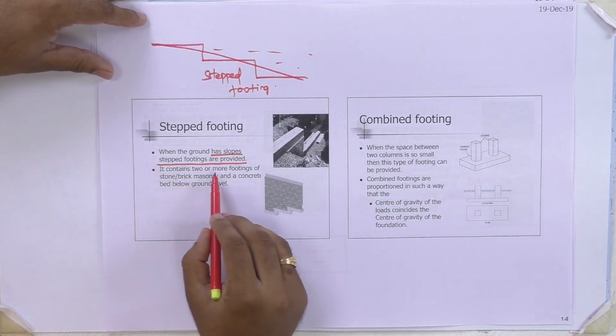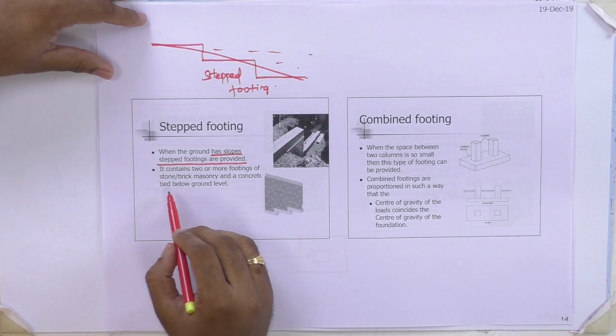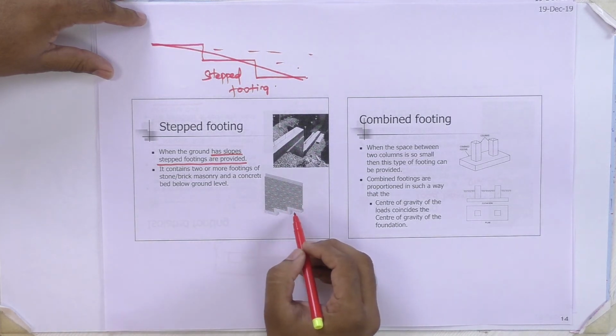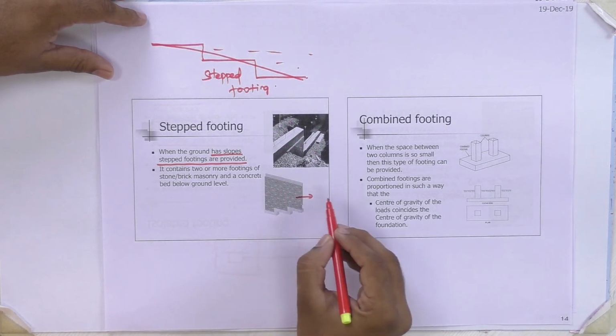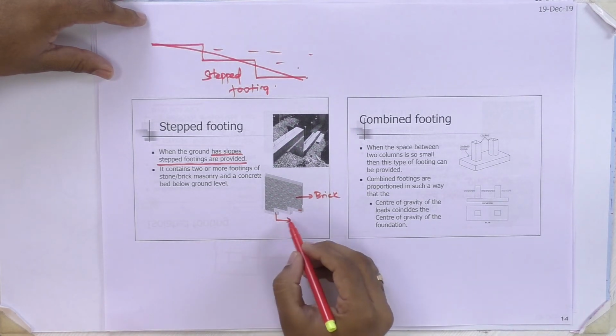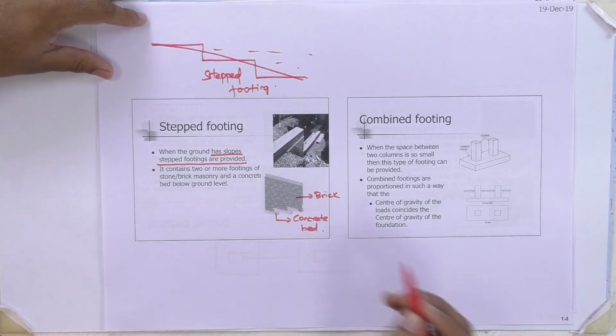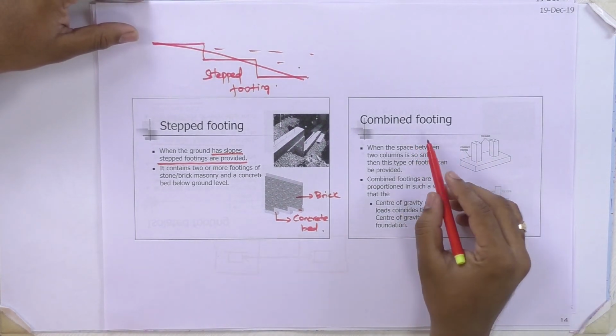It contains two or more footings of stone or brick masonry and a concrete bed below the ground level. Here we can see the brick masonry, and this one is the concrete bed. And then the next type of foundation is combined footing.